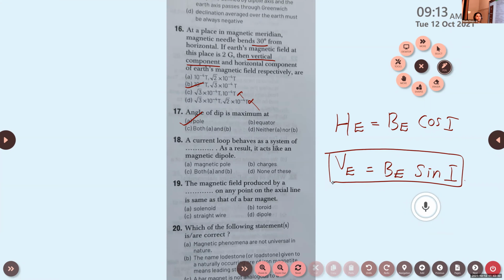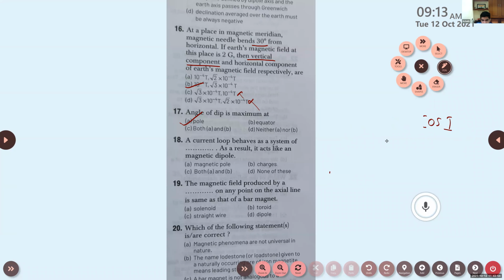Because the angle between HE and BE is equal to 0 degree, the vertical component is not present at the poles, because the angle between the magnetic field and the geographic axis is 0 degree at the poles.